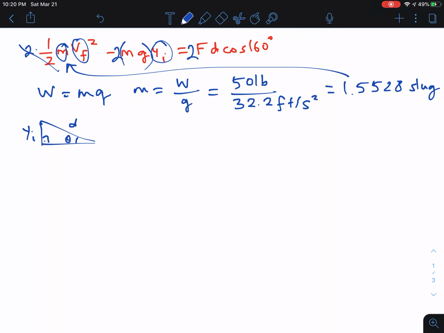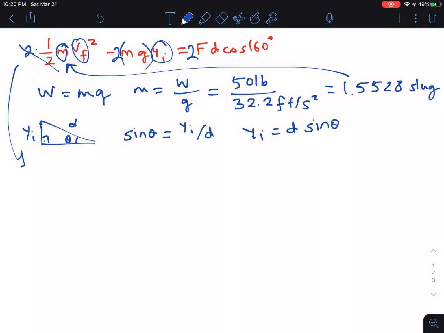Theta is opposite to y initial, and d is the hypotenuse. That means opposite over hypotenuse, which is sine theta, will give us the relation between them, right? So y initial becomes d sine theta. Okay, so these are the things that we're going to combine.